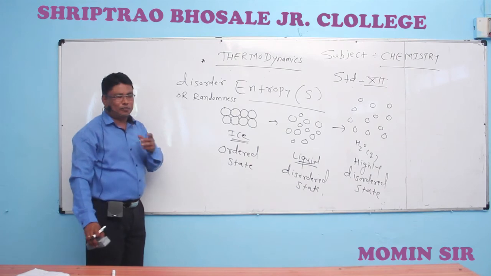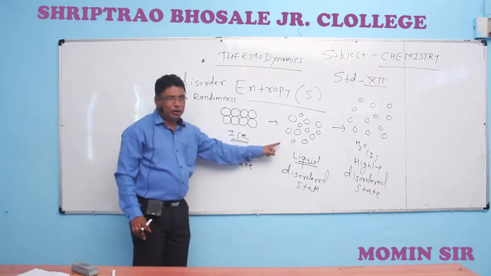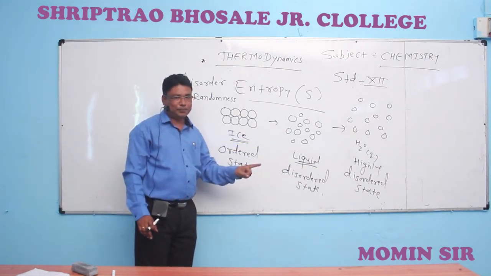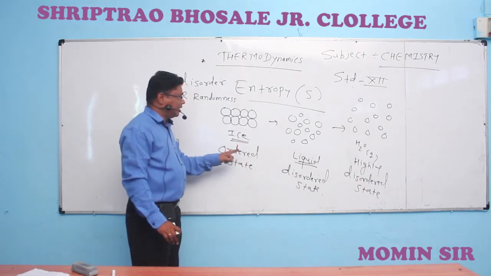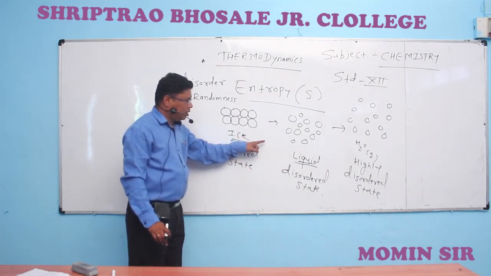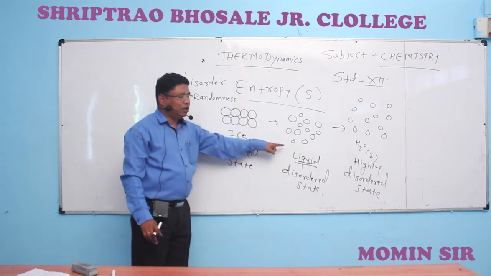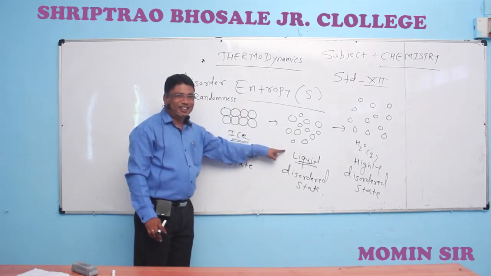What we can say from this example is that as disorder increases, entropy increases.